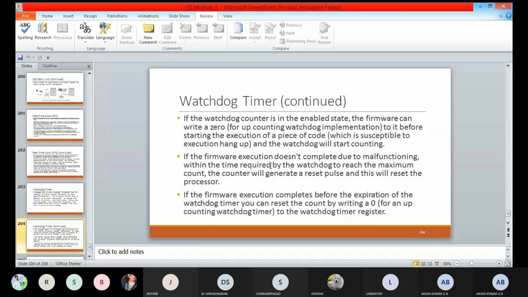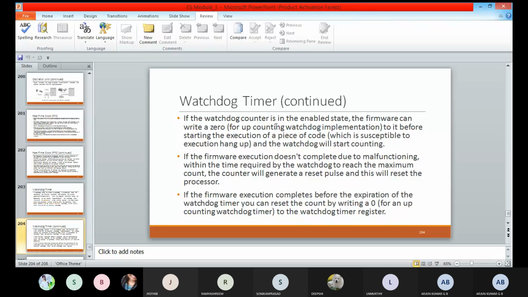If you want to count a number of data, we use a counter. If you go for a down counter, again they are using counters, and the counter is implemented by using flip-flops. In embedded systems also, watchdog timers are implemented externally or are built in internally.